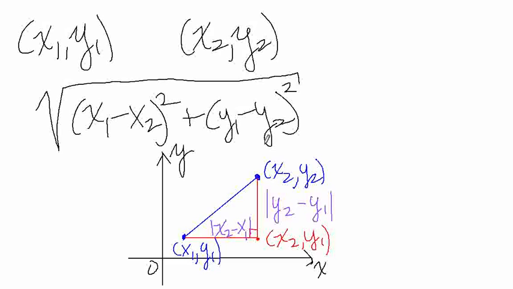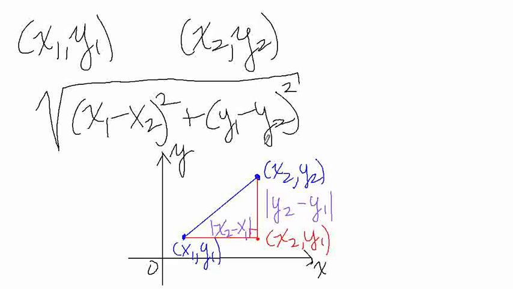Yes, that is correct. However, notice that we are squaring the differences in the distance formula. It doesn't matter if we square a positive or a negative number, we will still get a positive square, right? So that's why the absolute value bars are unnecessary. We'll get the same answer whether we include them or not.